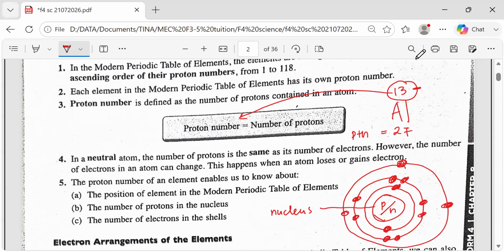Okay, so aluminium 13 proton means also 13 electron because electron is negative, proton is positive，所以它就会变成 neutral。它有13粒 proton，它就有13粒 electron，它整个 atom 就会 neutral。Get it?